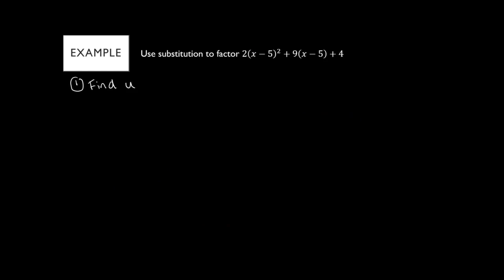So I would like you guys to type into the chat, looking at what we have, what are we going to set u equal to? Got a couple answers, 3, 4, x minus 5. That is exactly right. So we want to set it as x minus 5 because that's the complicated looking thing. It's in parentheses. It's got squares.